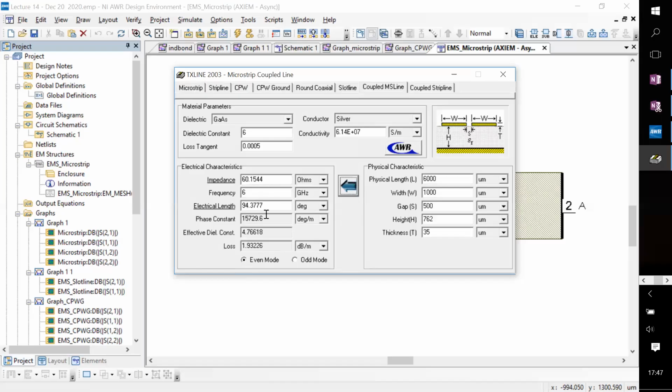Now here there is a convention issue also, which I'm suddenly remembering. Let's see if it will allow me to calculate for a much bigger gap. Oh yeah, it does. So you see what's happening is as one increases the gap, this even mode impedance is just going to what we had for the single microstrip, right?